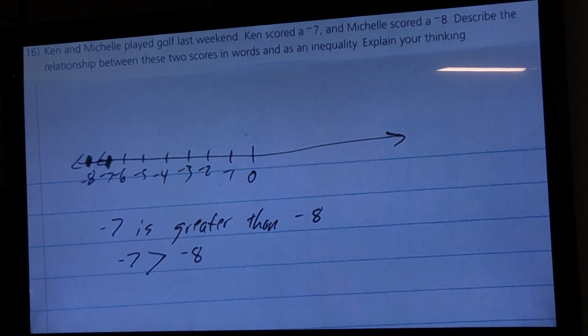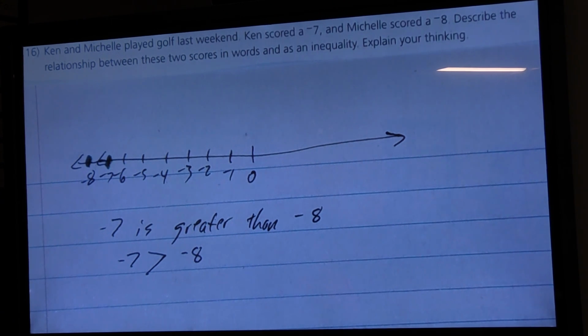Now if I were to explain my thinking, I might simply say that on a number line, -8 is farther left than -7. When I say farther left, I'm talking about relative to 0. Since it's farther left than -7, I know -8 has less value than -7. So -7 is greater than -8. I talked about my math practice, number 5, math toolkit.